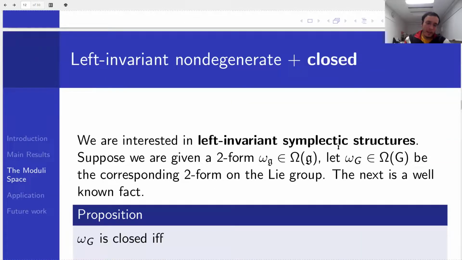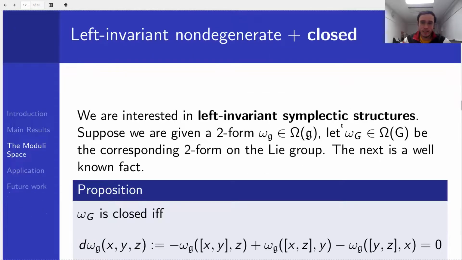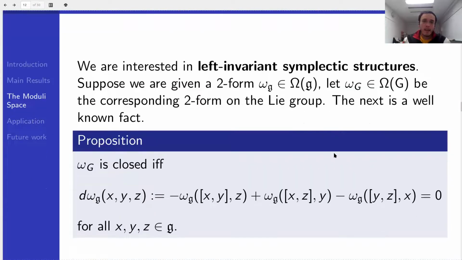Because until now, I have just been referring to the space of non-degenerate 2-forms. But I'm interested in symplectic structures, so I need to search for the 2-forms that are closed. And this proposition is well known; it's how the condition for a 2-form to be closed looks at the Lie algebra level.